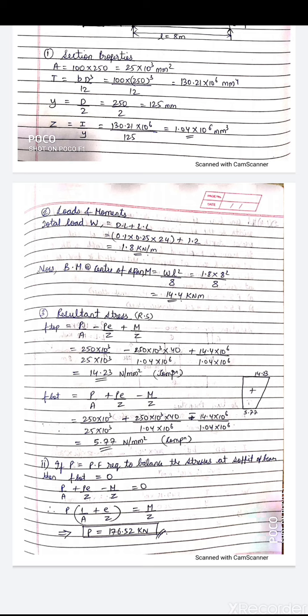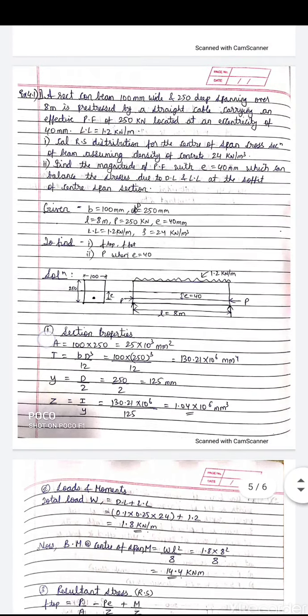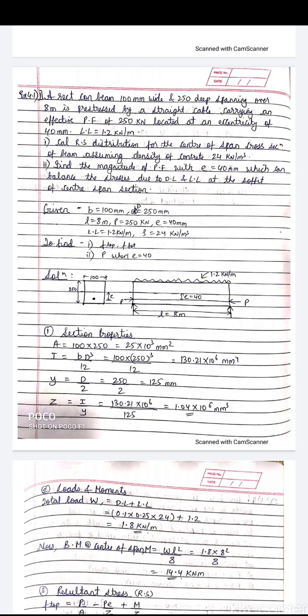Using that condition, F bottom is P by A plus PE by Z minus M by Z equal to 0. The unknown is P and everything else is known to you. So you'll get the value of P as 176.52 kilonewton.